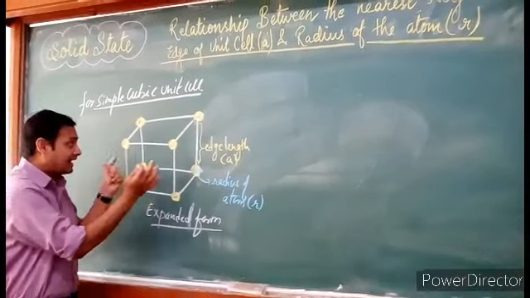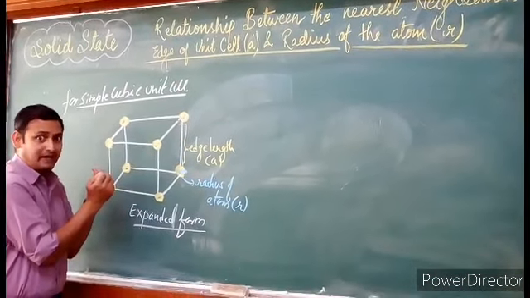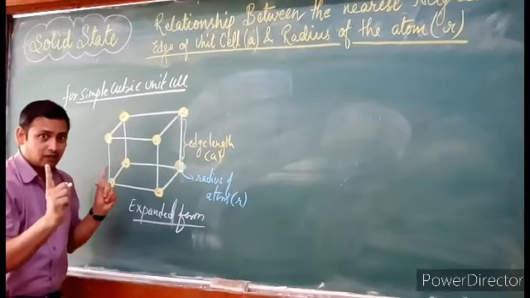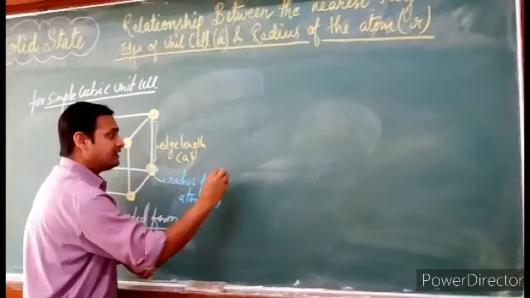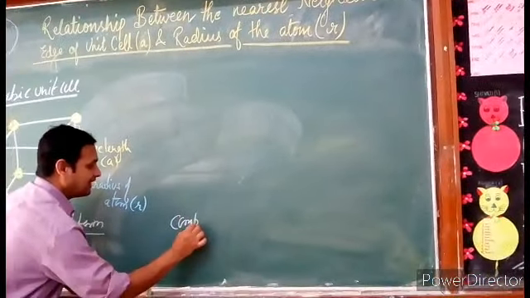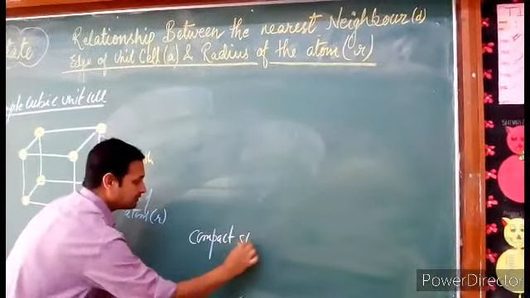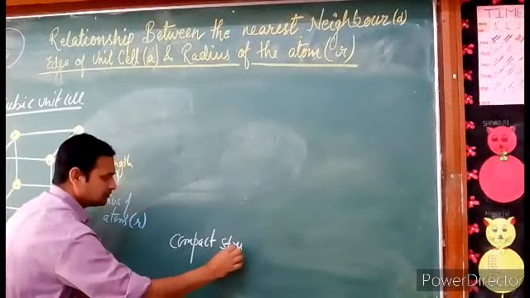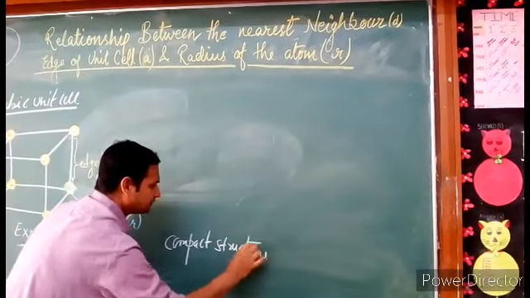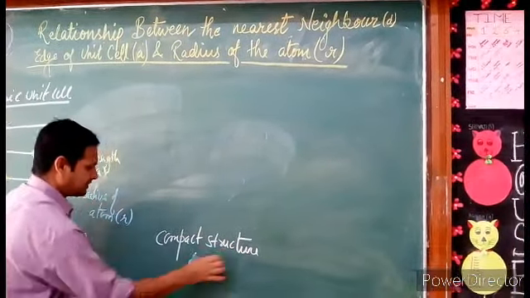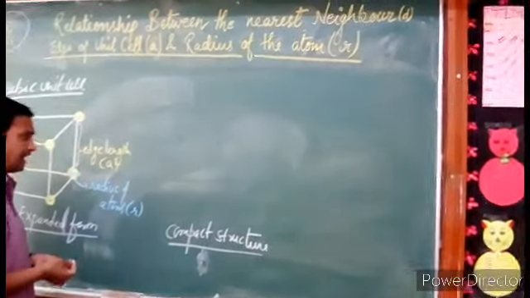In actual structure, atoms will be what? Compactly packed. So let's see the compact structure of simple cubic unit cell. So in compact structure, what we will have?